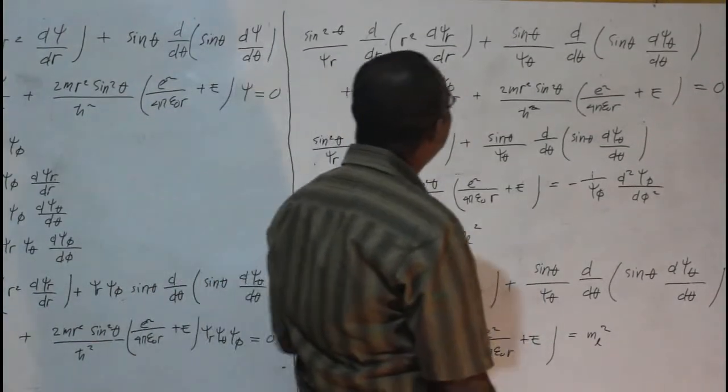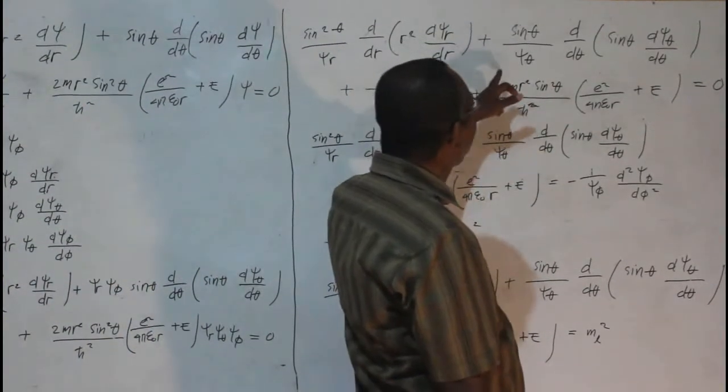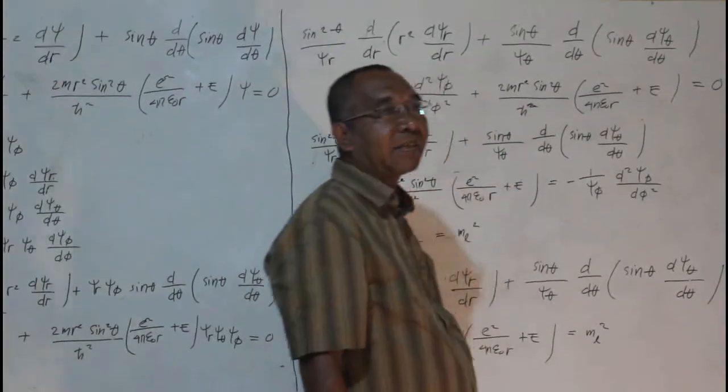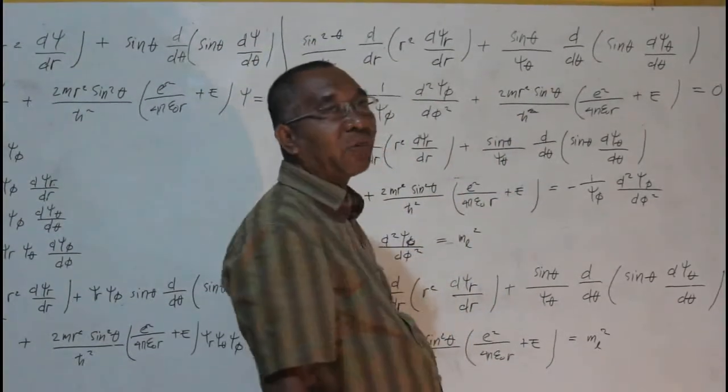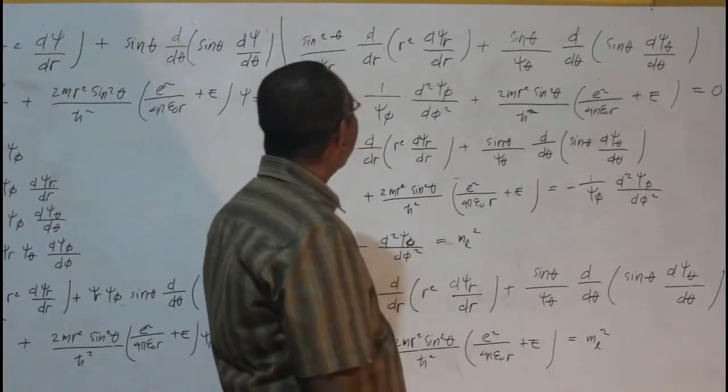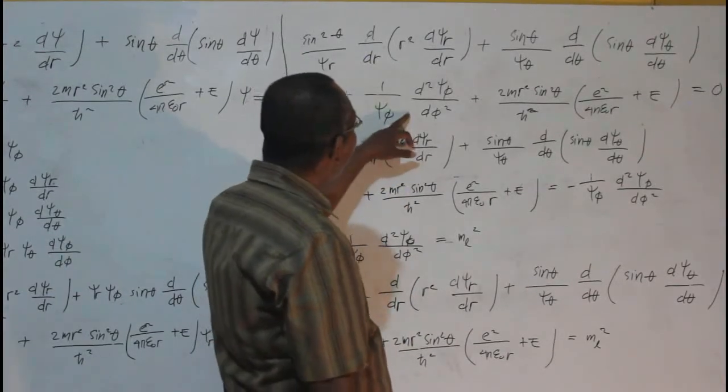Okay, we see that all parts in this equation contain the factor of sinθ, except the azimuth part.